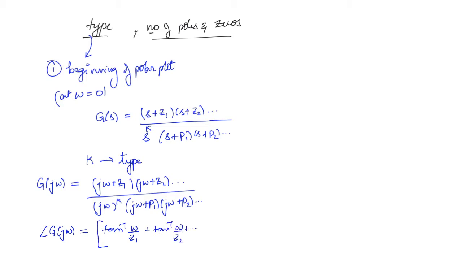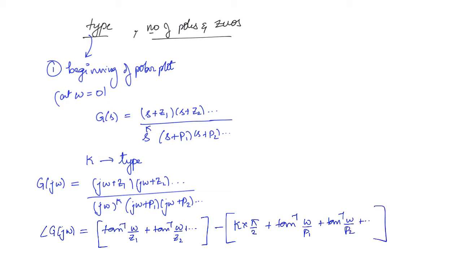This is the phase of the numerator minus the phase of the denominator. So this will be k times pi by 2, because the phase of j omega is pi by 2 and the phase of j omega to the power k will be k times pi by 2, plus tan inverse omega by p1 plus tan inverse omega by p2 plus so on.